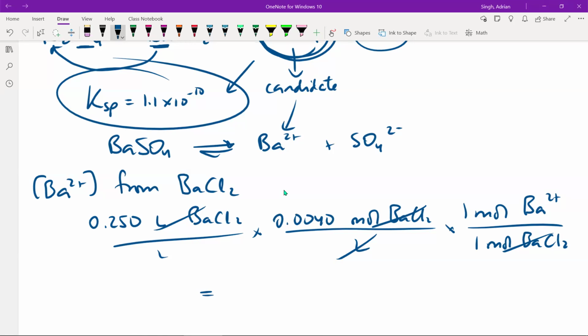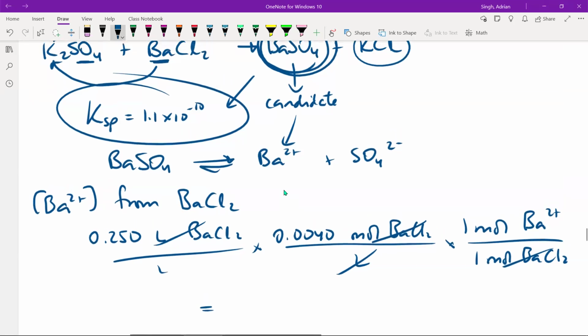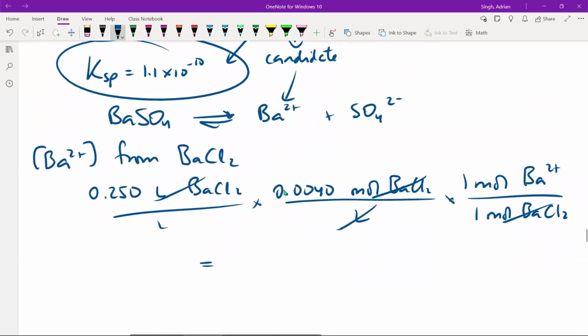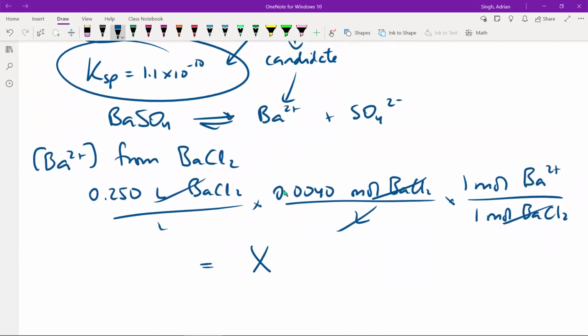So 0.25 times 0.004 would give, let's just say X moles of Ba2+.